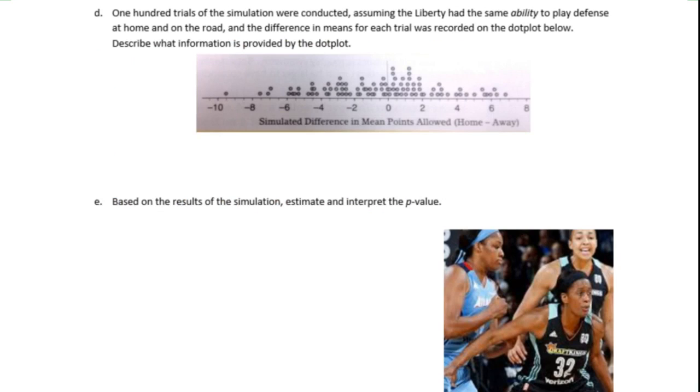100 trials of the simulation were conducted, assuming the Liberty had the same ability to play defense at home and on the road. And the difference in means for each trial was recorded on the dot plot below, home minus away. Describe what information is provided by the dot plot. So you would say it shows the possible differences in mean points allowed, assuming by random chance the Liberty had the same ability to play defense.